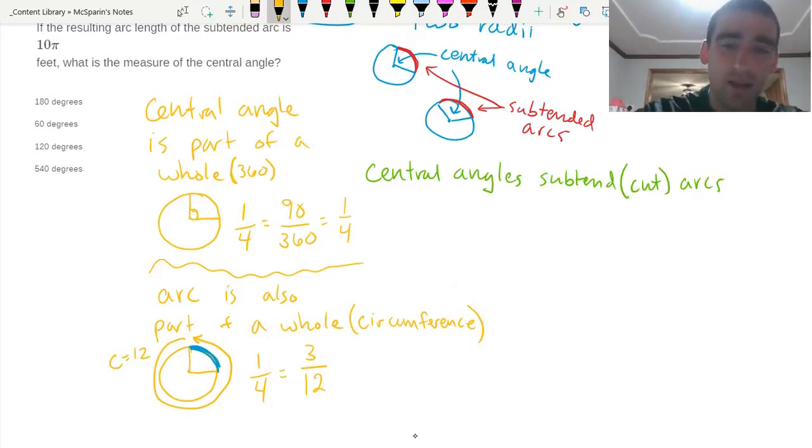So the length of that arc is 3 because it's a part of the whole. We say all that just so that you recognize that both the central angle and the arc are both parts of the whole.